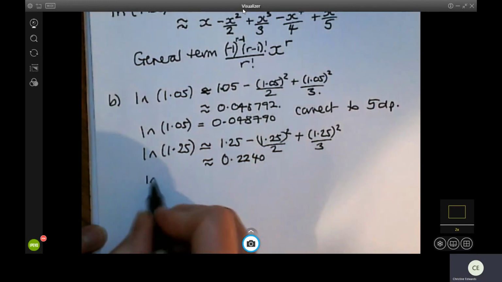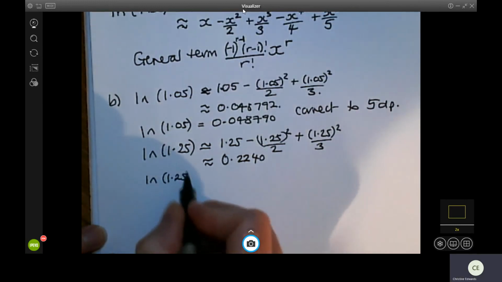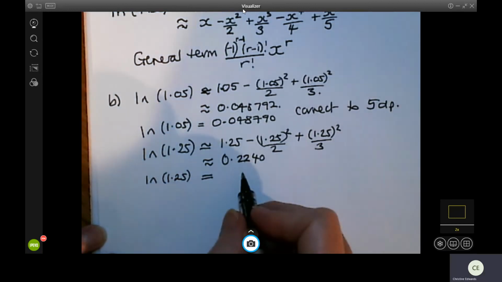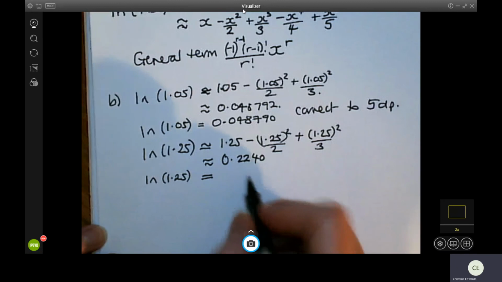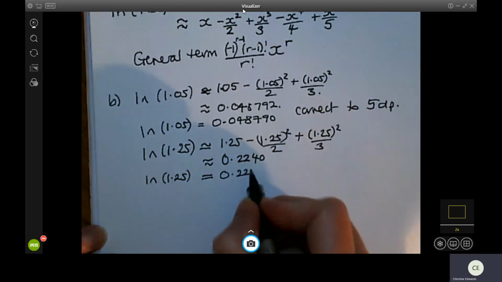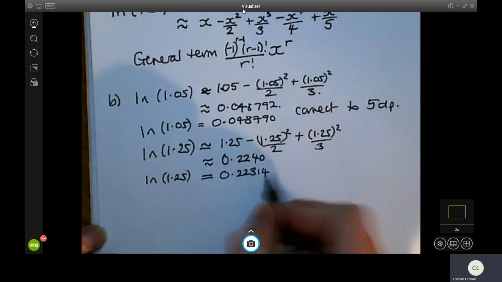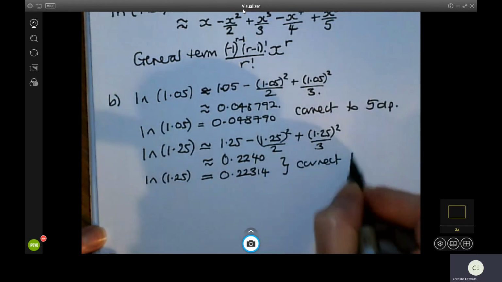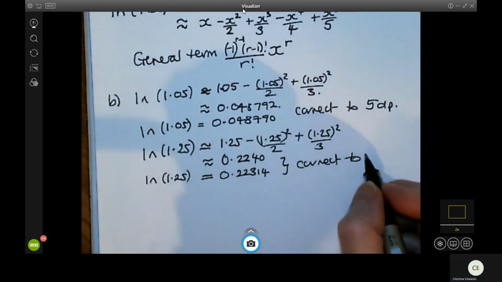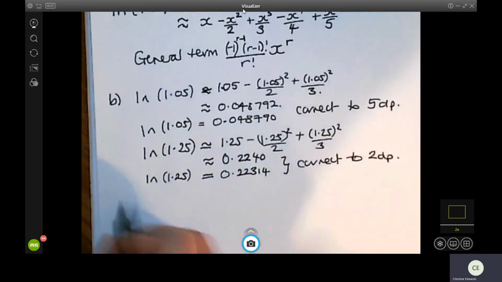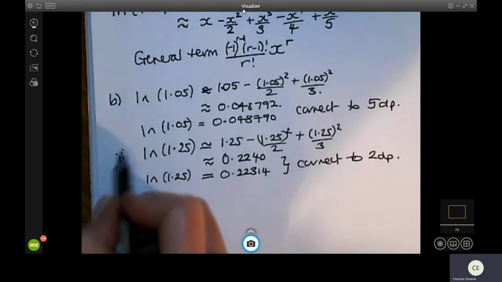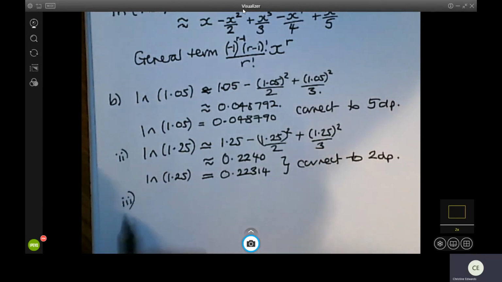If I compare that to the actual log of 1.25, that gives me an answer of 0.22314. So this one is correct to 2 decimal places.